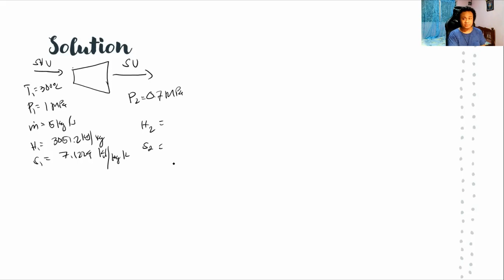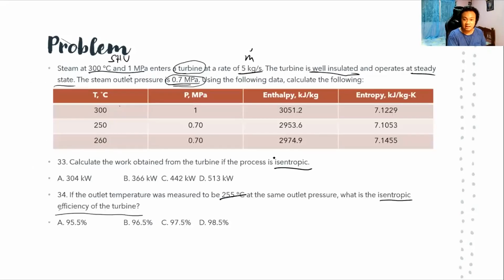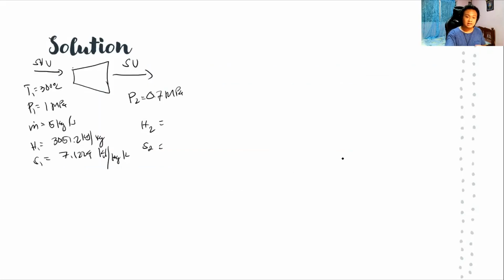So now that we have already written the givens here in our system, the first thing is that we have to know the process. We're given that the process is isentropic. So isentropic means there's no change in entropy. So S1 is actually our S2, but to indicate that this is isentropic, we have to put a prime there.